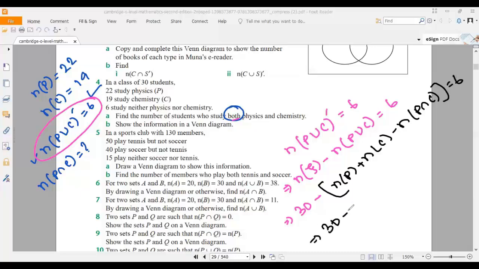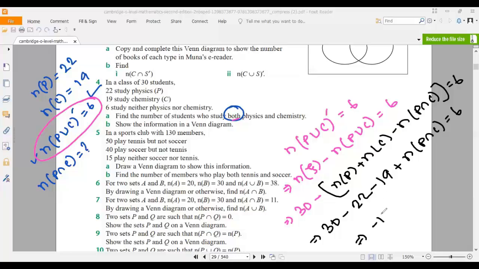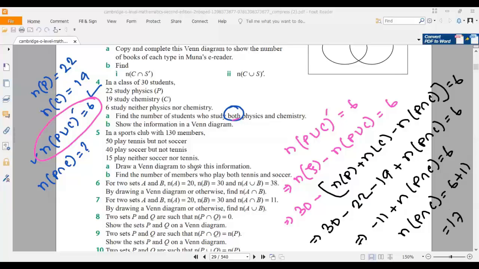So 30 minus N of P, which is 22, then minus N of C, which is 19, plus N of P intersection C equals 6. 30 minus 22 is 8, 8 minus 19 is minus 11, plus N of P intersection C equals 6. So N of P intersection C will be 6 plus 11, that will be 17. So the common one is 17.